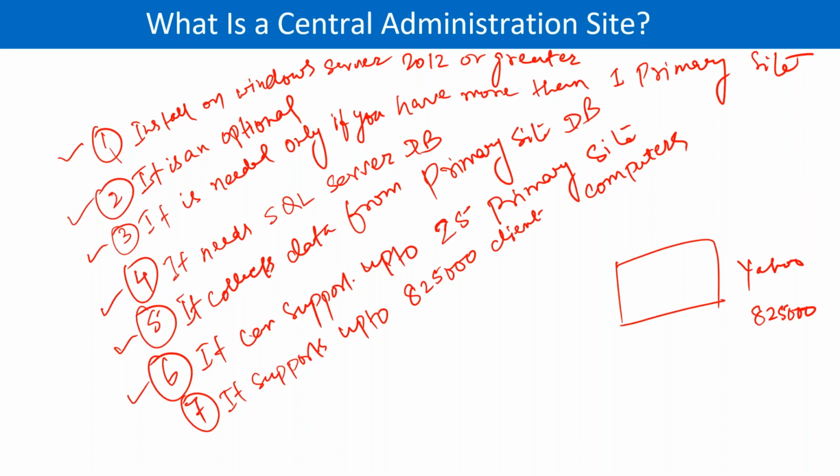So you will have one CAS, central administration site, either in Nigeria or any other location. Then you will have multiple primary sites, let's say 3 primary sites, and multiple secondary sites.